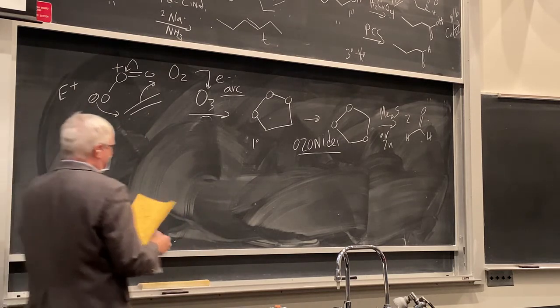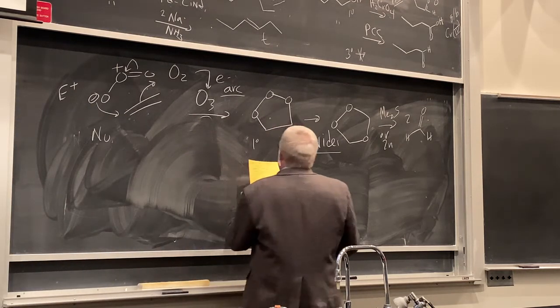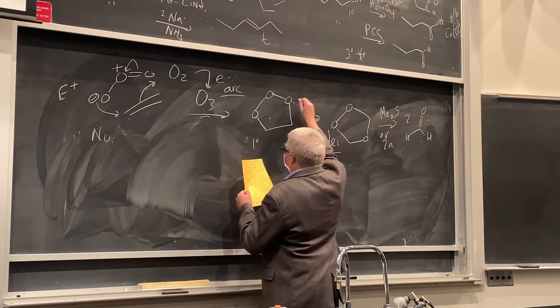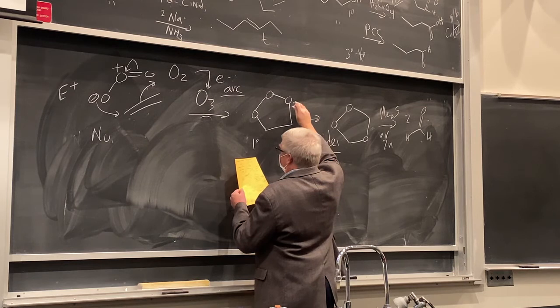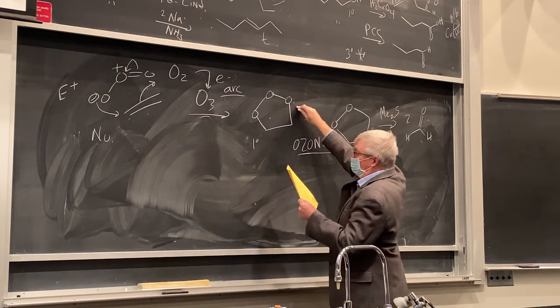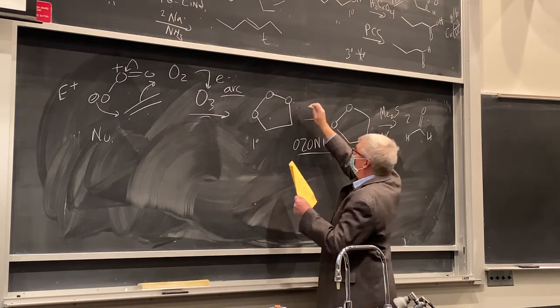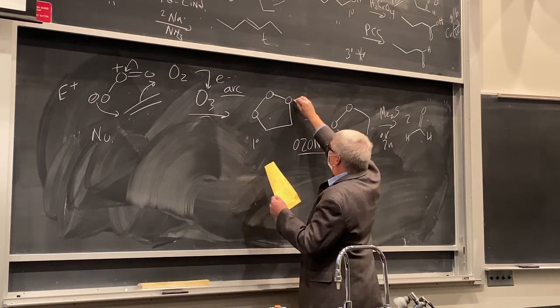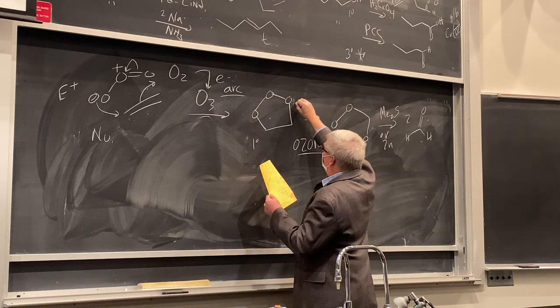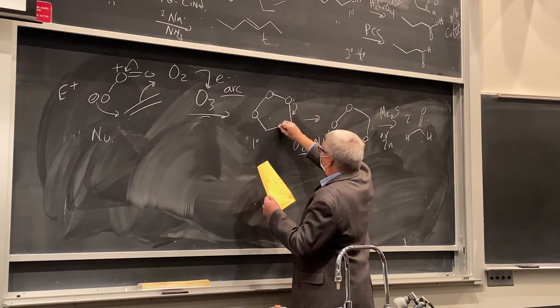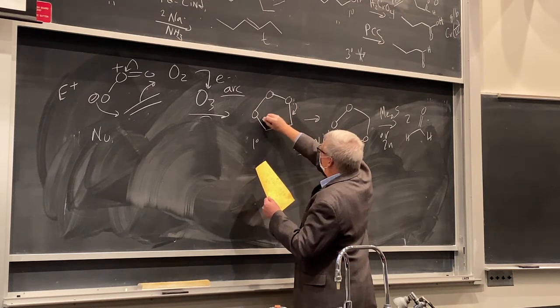That's okay. We can break this apart by taking these electrons here and let's see. I always mess this up. Let's see. Need to bring these electrons here. Bring these here.